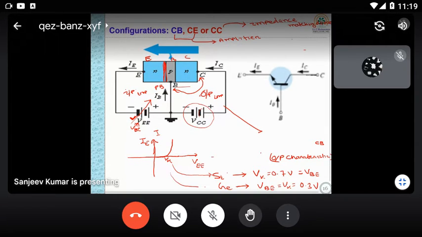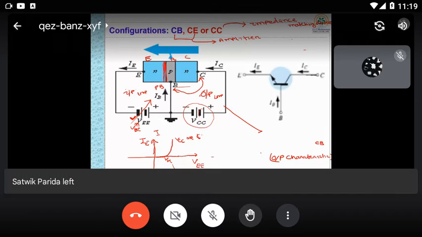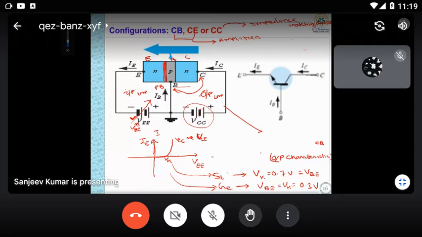If I am taking germanium, it will be 0.3 volt. This graph you are plotting at a constant output voltage, that is VCC. This can also be VCC or you can say VCE, because this is the voltage between collector and emitter.